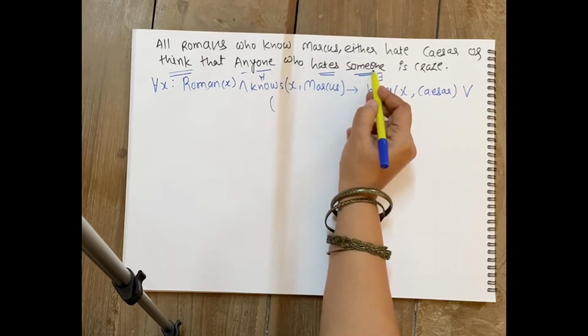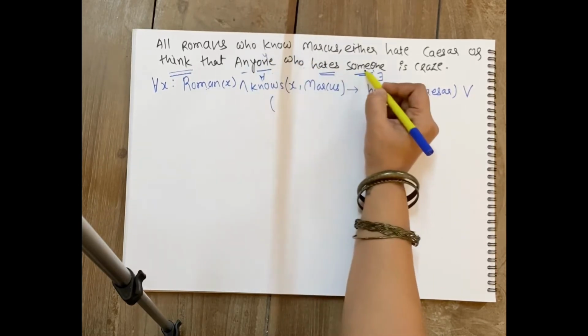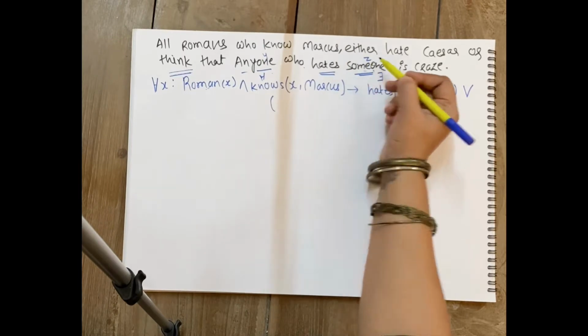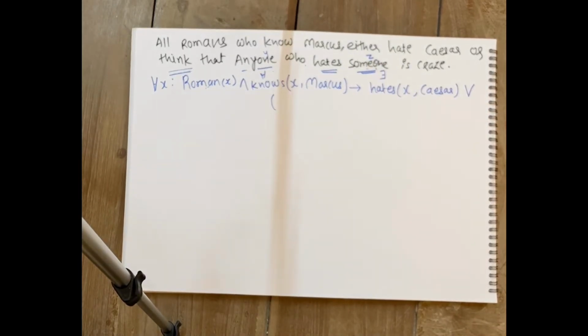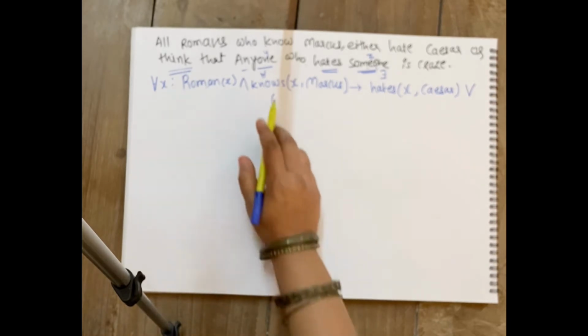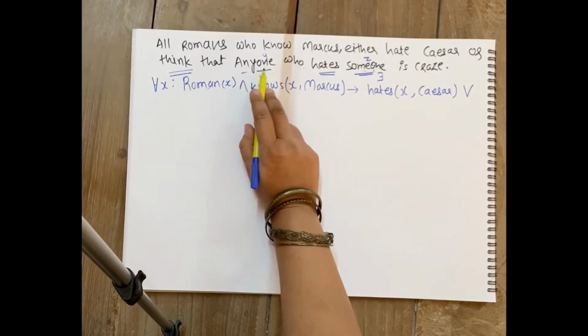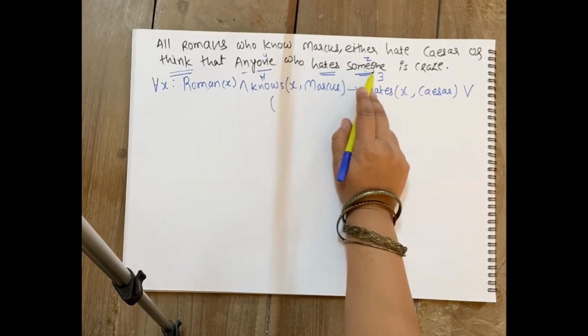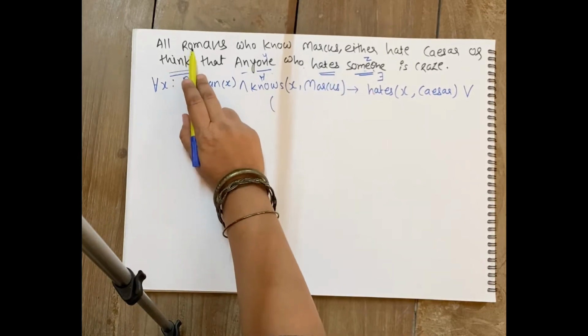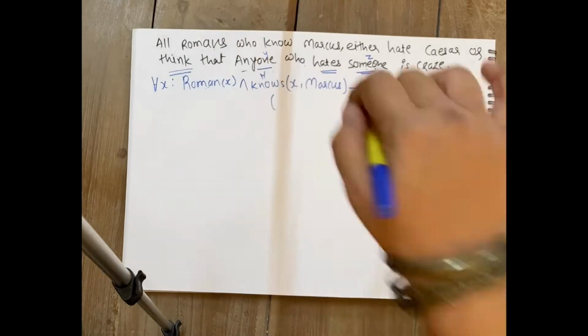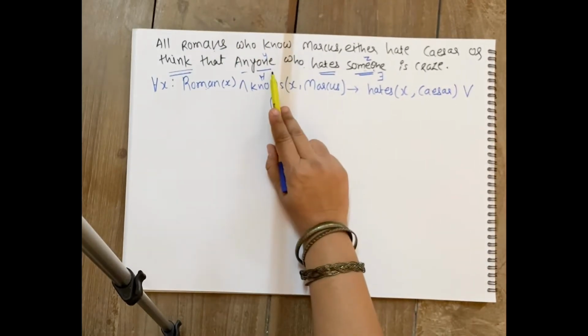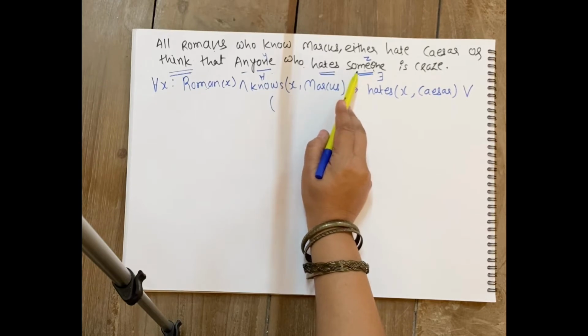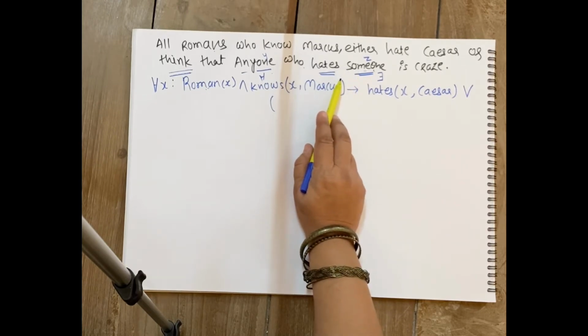For anyone we are going to use Y, and for someone we are going to use Z. Are you getting what I am trying to say? So anyone over here indicates someone who is going to hate, and Z indicates the person who is going to be hated. X is different over here. X is Roman who is thinking, but Y is a different person who is going to hate Z. Are you getting the complexity over here?